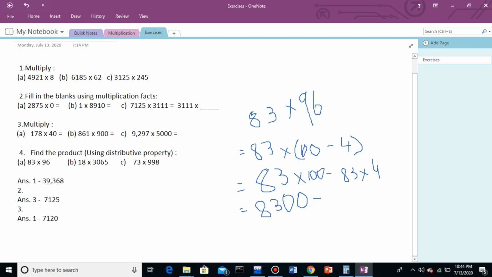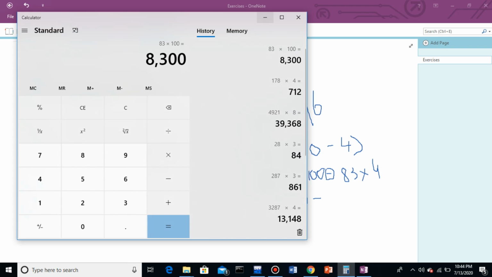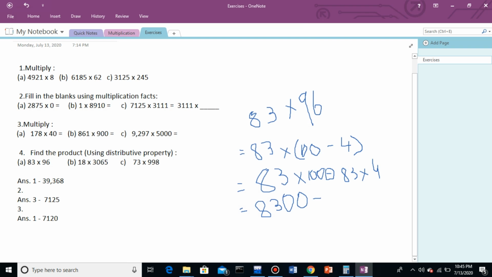Then 8300 minus. Here was a minus sign, you know. Now 83 into 4, what will be the answer? Let's check. 83 into 4 is 332. So 8300 minus 332.